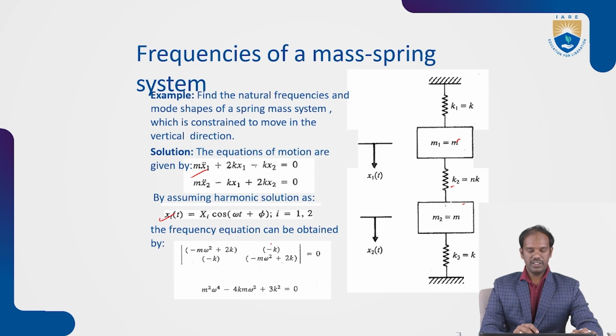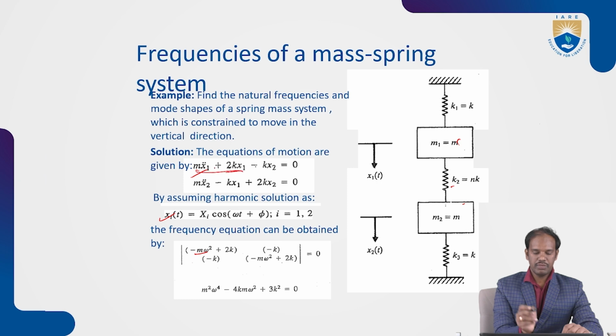Okay, now we are into i equals 1 and 2, right? So now the frequency of this equation can be obtained by using this matrix form. We have minus m omega square plus 2k, and minus k2 as the second element, and k2 as the next element, plus 2k.